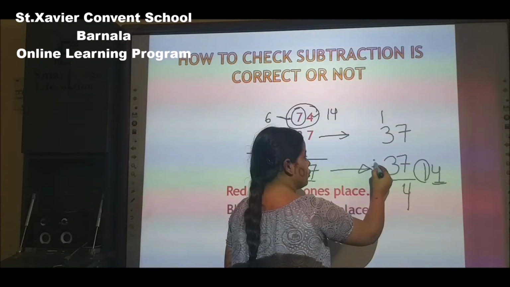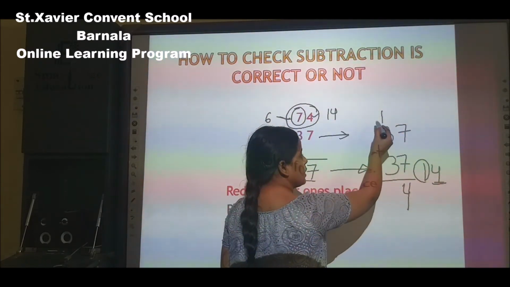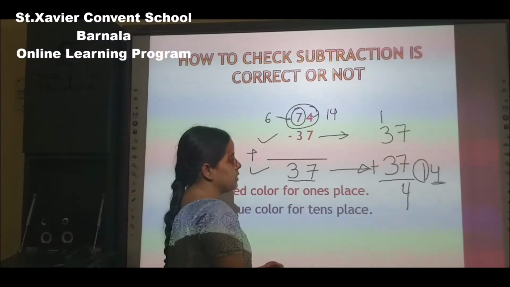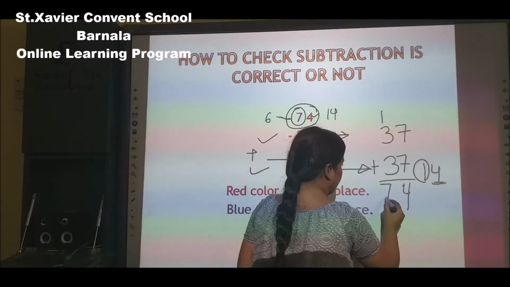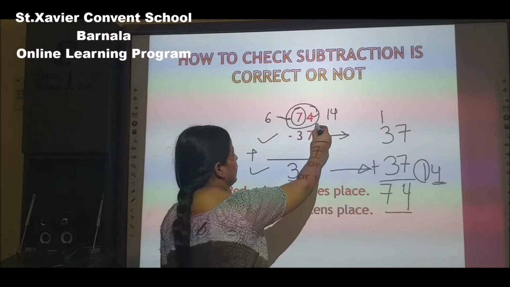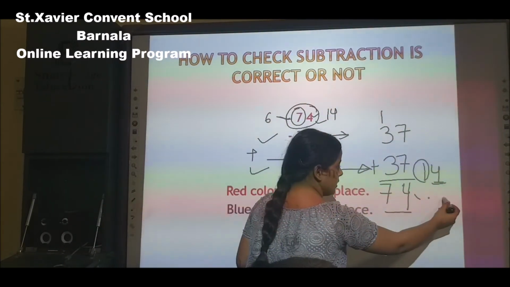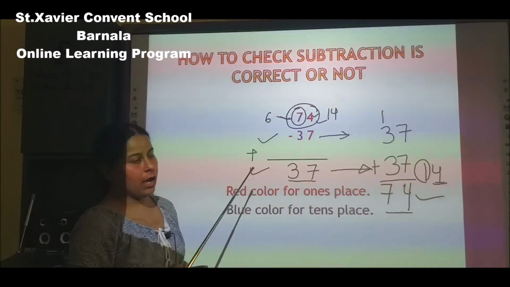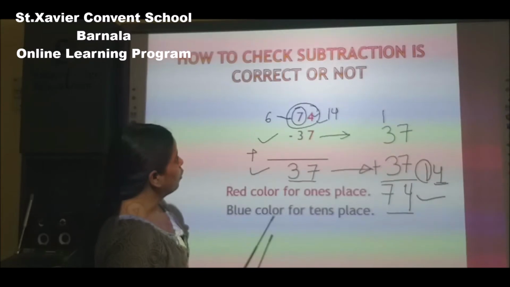Now we add 3 plus 3 plus 1. 3 plus 3 is equal to 6. 6 plus 1 is equal to 7. So our answer is 74. This 74 and this 74 are equal to each other. So our check is okay.